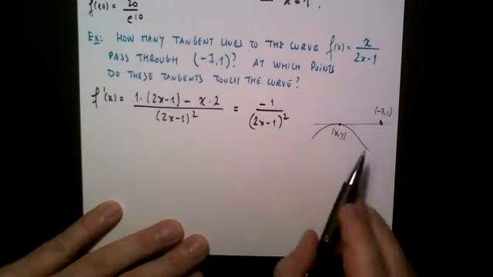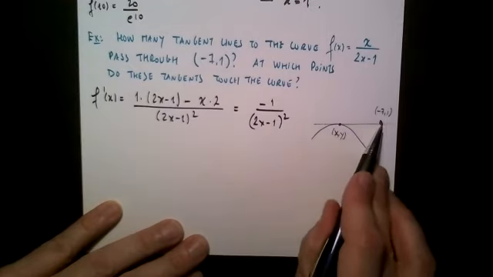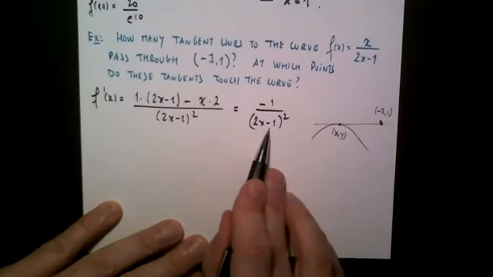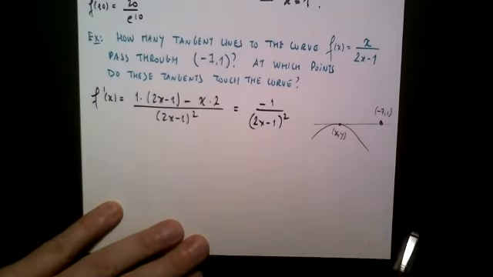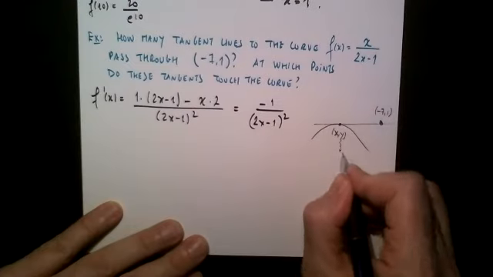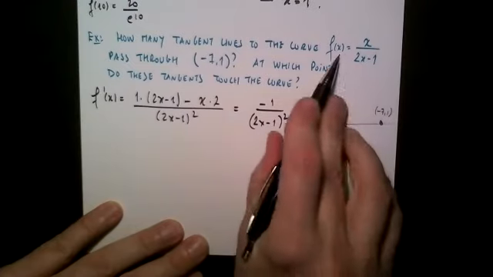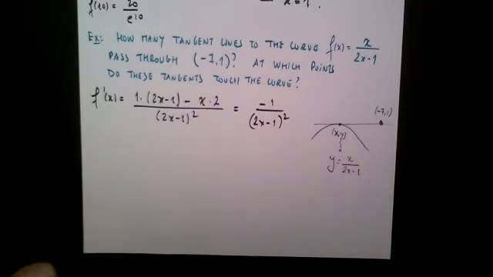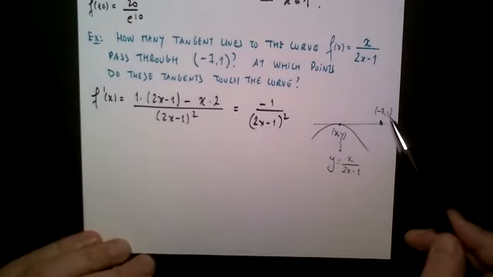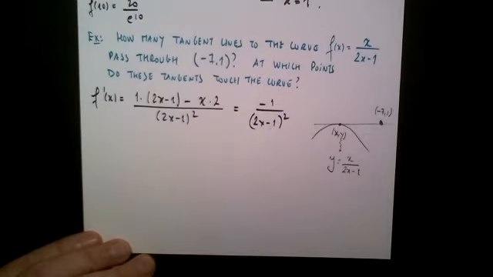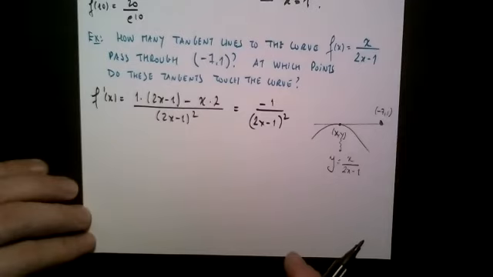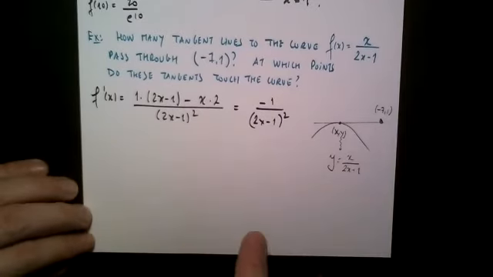Basically I want the slope between this xy and -7, 1 to be equal to this. And of course, don't forget, y is x over 2x minus 1. Is that okay? Good, you with me? So the slope between this point and this point has to be equal to the derivative. That's going to be my equation that will allow me to find what x is. Questions on the logic?